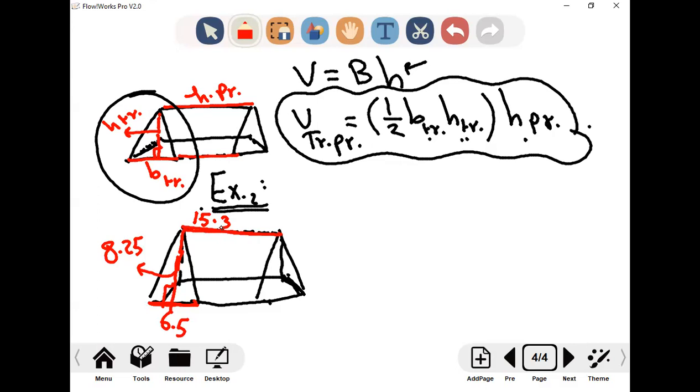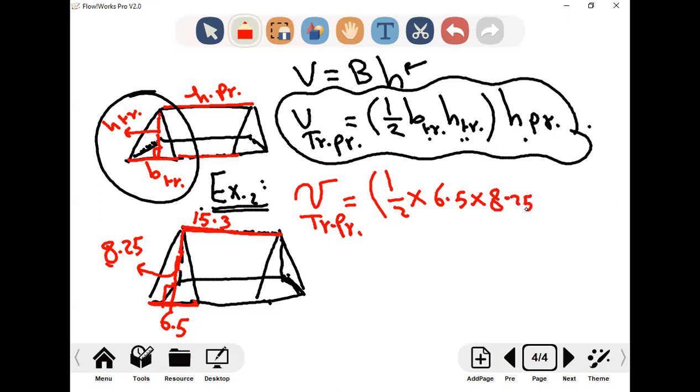Apply the formula. Volume of the triangular prism عشان ما تخربط equal. This is the formula. Apply it. يلا. Half multiply base of the triangle 6.5. Height of the triangle, apply there, 8.25.